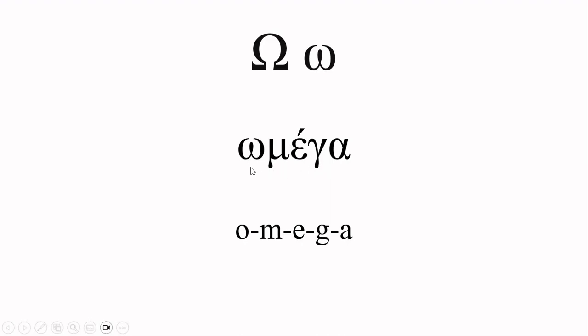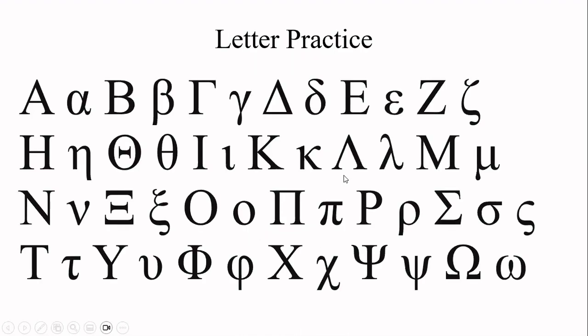Omega, omega, mu, epsilon, gamma, alpha. Go ahead and take a few moments. You can pause the video and practice naming the letters of each of these Greek alphabet letters.